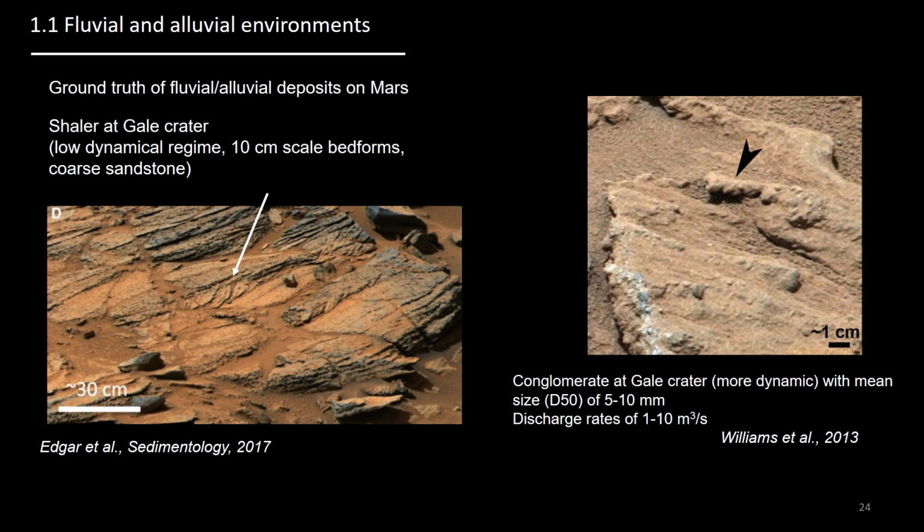So it's already something very far from the main fan, close to the bottom of the crater. And to the left, you have another system, which is more a sandstone with a few pebbles, and you can see cross-bedding. And this is also a sign of a dynamic regime, but a lower regime than with pebbles, just a few cross-beddings and quiet deposition.